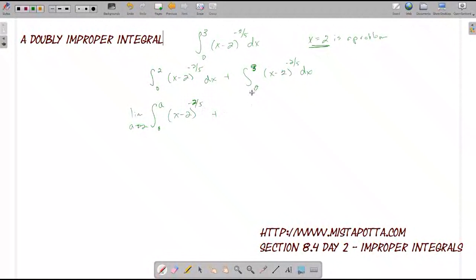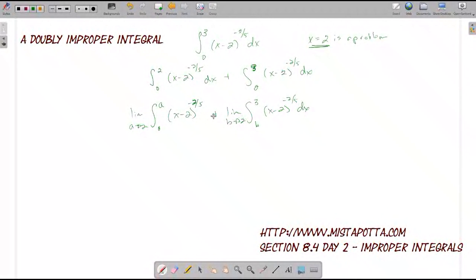And over here, I can't do from 2 to 3. I'm going to have to do the integral from b to 3 of x minus 2 to the negative 2/5 power. And I'm going to have to take the limit there as well.